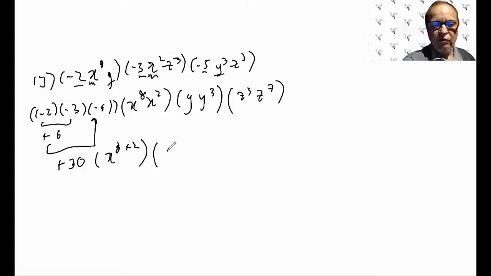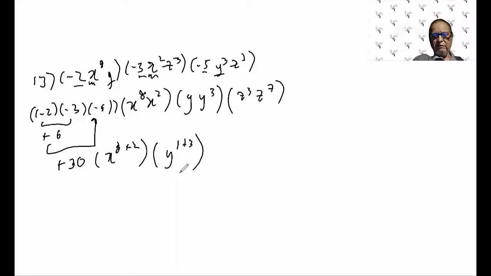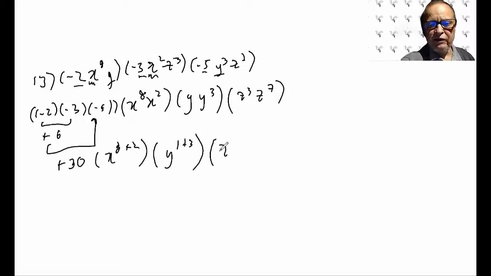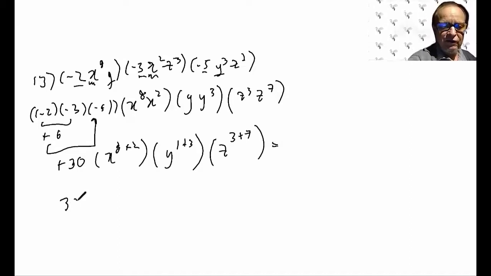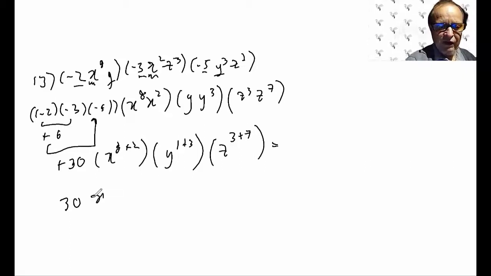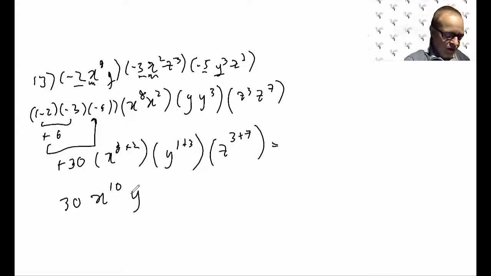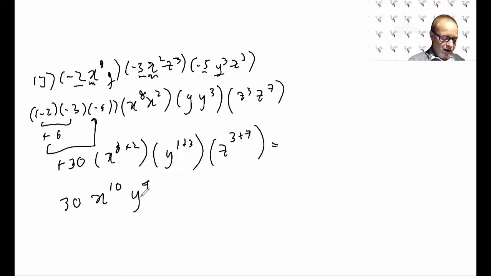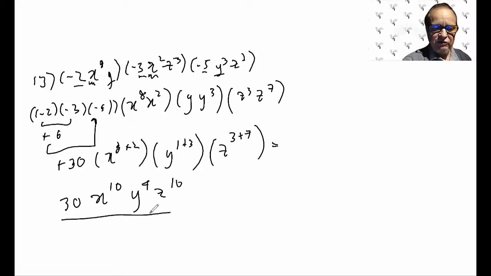And the next one here, I have y, 1 plus 3. And finally, my z's, I have 3 plus 7. And then I'll carry the 30 down, and x, 8 plus 2, well, that will give me x to the 10th. And then 1 plus 3, y to the 4th. And then finally, 7 plus 3, z to the 10th. And that's my final answer.